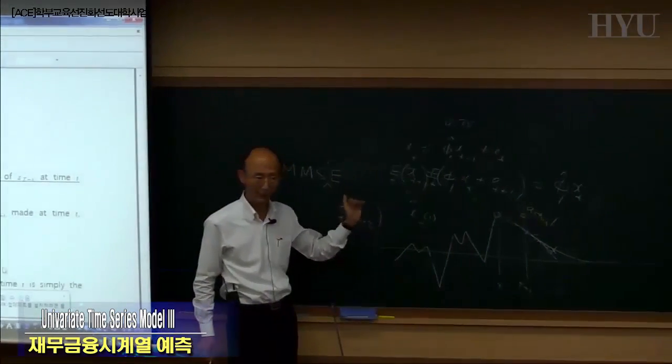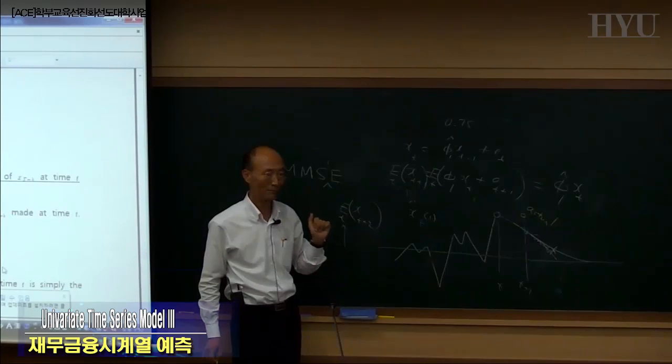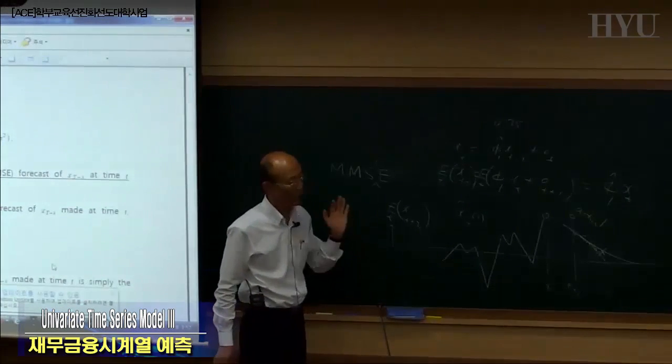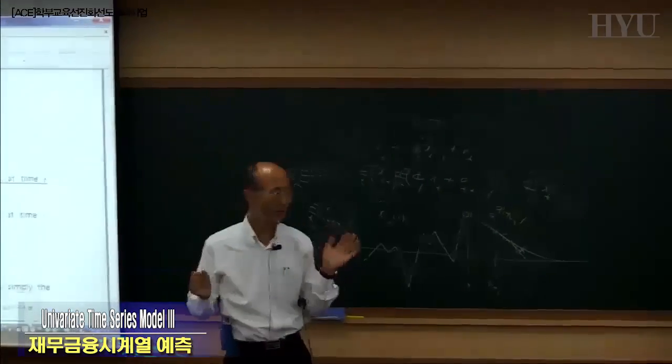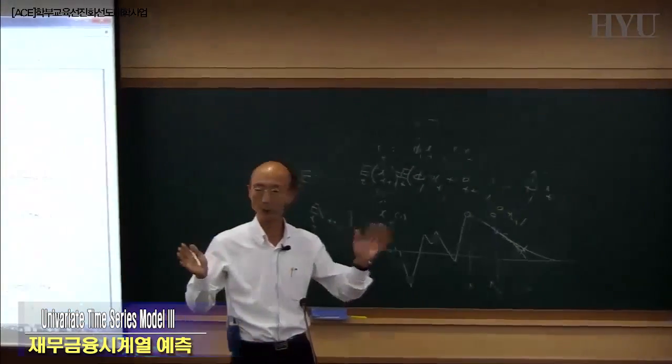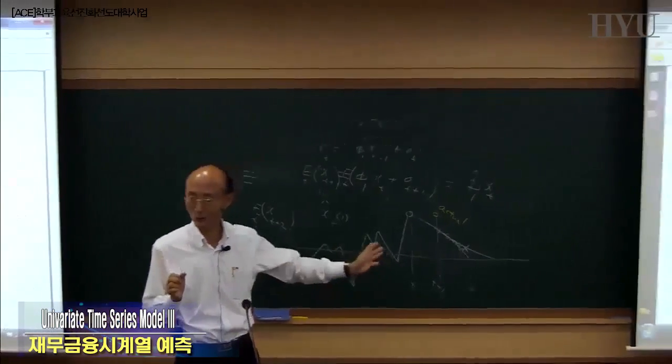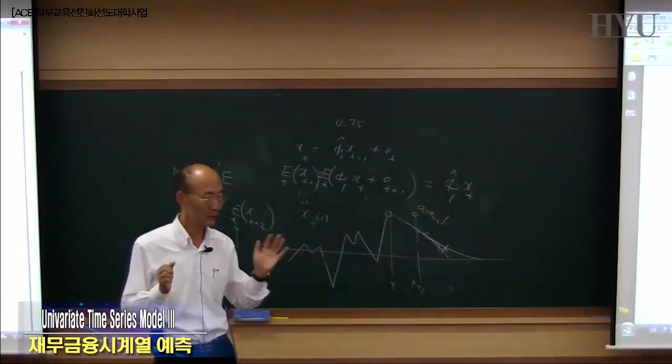That's the way this is calculated. In general, if it is an ARMA(p,q) process where p and q are fairly large, computation is going to be messy, right? But still you can do it, right?